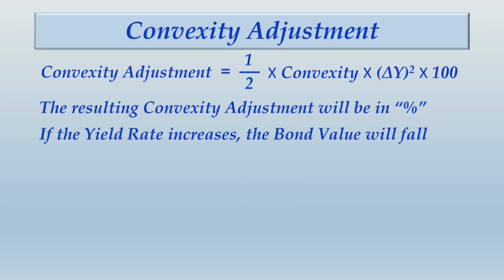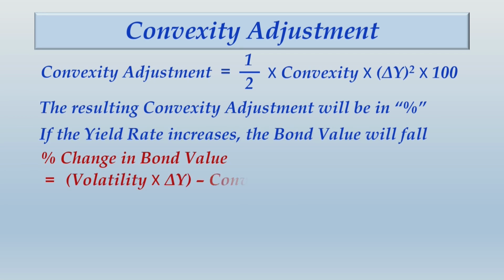If the yield rate increases, the bond value will fall. So percentage change in the bond value will be volatility multiplied by delta y, that is the change in the yield rate, and from that you subtract the convexity adjustment. When you subtract this convexity adjustment, you will be getting the actual bond value.